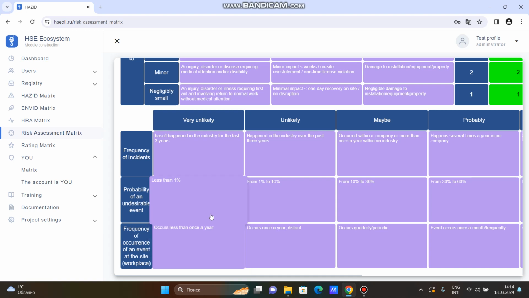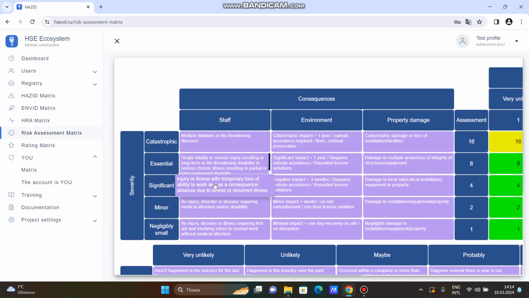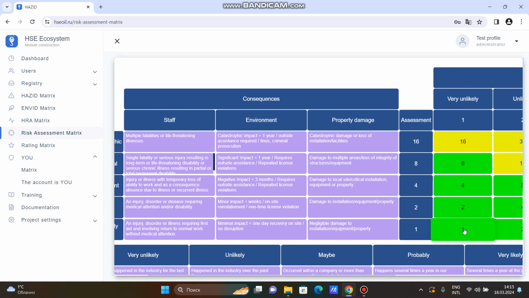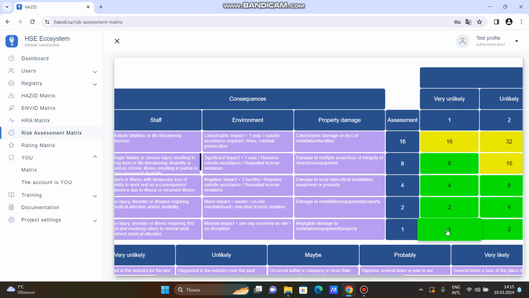Now let's get to severity level. Severity level can be catastrophic, major or essential, moderate or significant, minor, negligible or negligibly small. And you can see that negligible and very unlikely give us 1 point here.